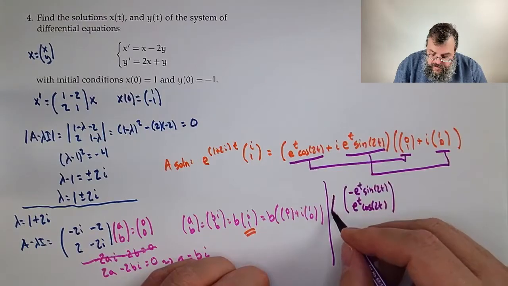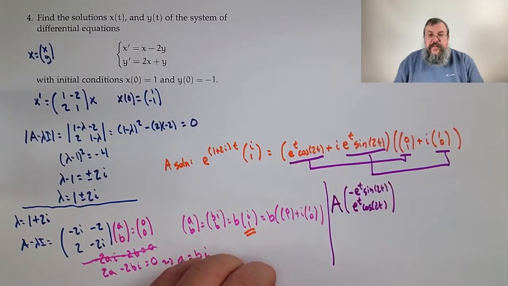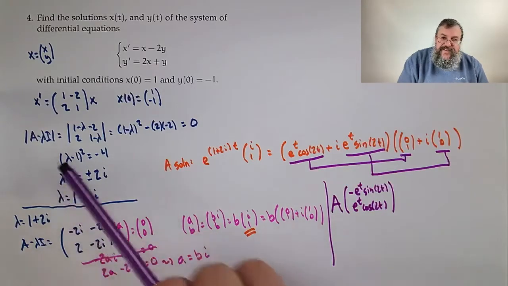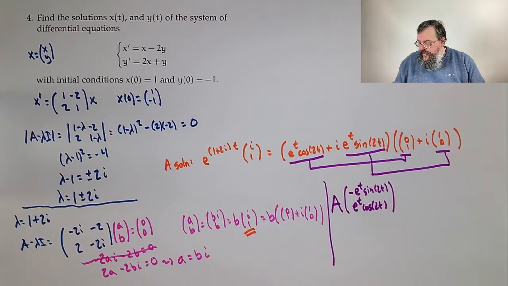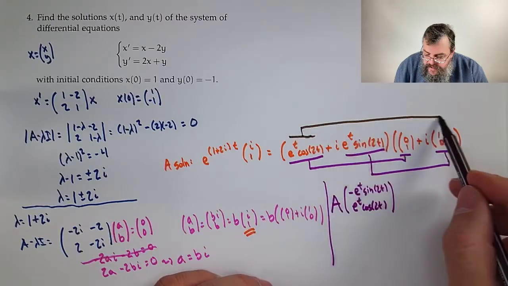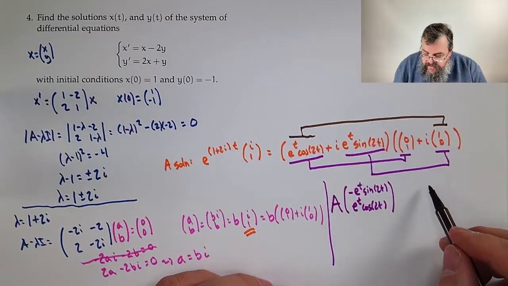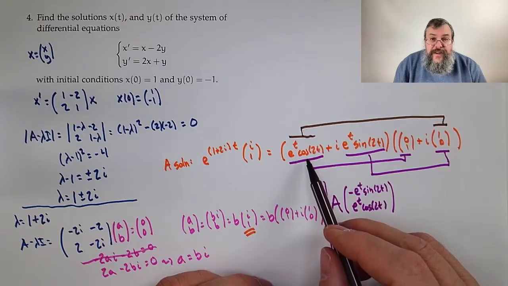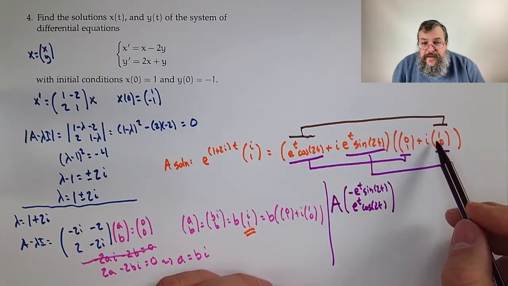All right, so we'll put times a constant a. Not to be confused with the matrix A, this is a constant a. I know, it can be confusing. Next thing is we're going to do the real part of the first and the imaginary part of the second. So it's e to the t cosine 2t times that vector.